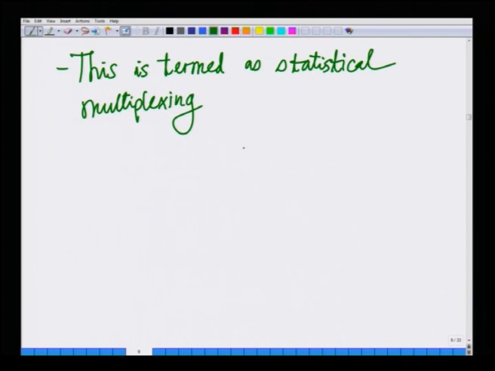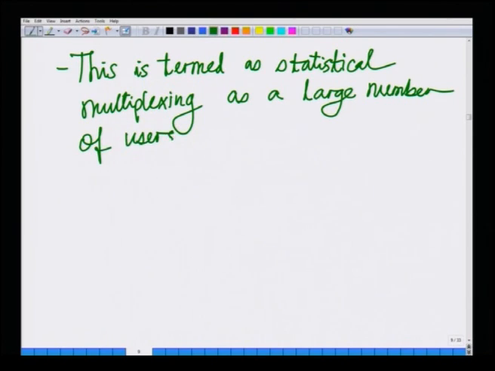This is termed as statistical multiplexing, as a large number of users share very few channels.